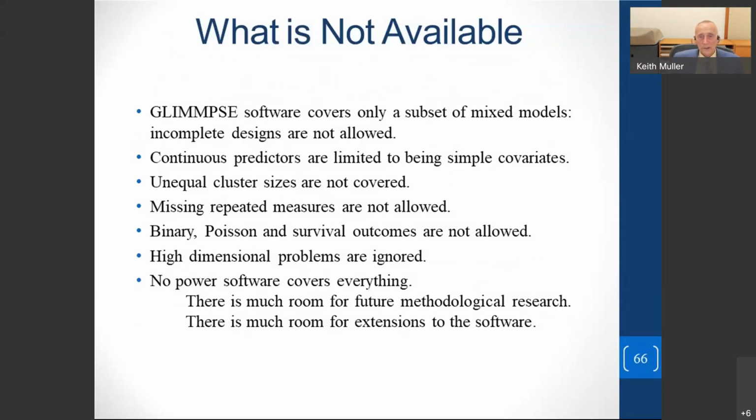What's not available is we only cover a subset of mixed models. We don't allow certain kinds of incomplete designs, although we allow unbalanced designs in many ways. We only can have simple covariates. We don't allow unequal cluster sizes. We don't allow missing data. You have to deal with that as a separate issue. We don't cover binary data. It's probably one of the big limitations.